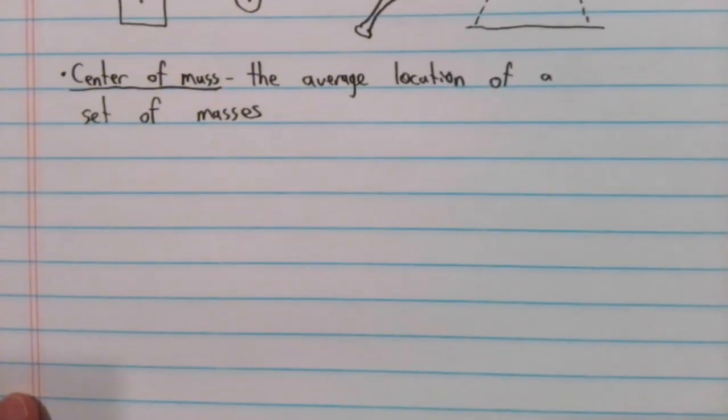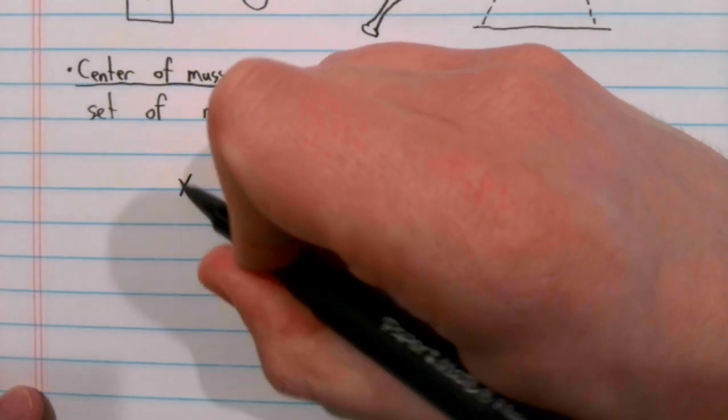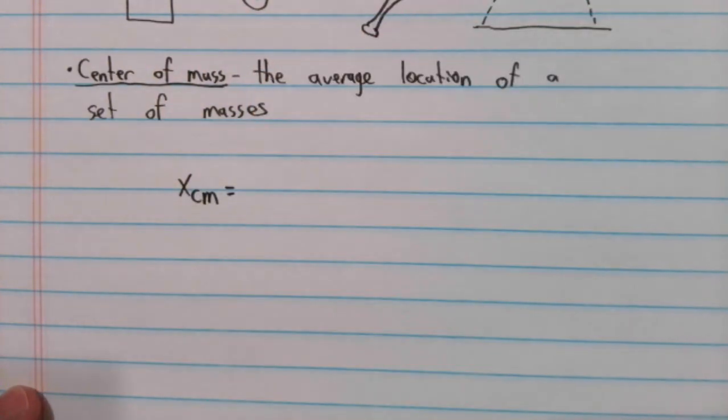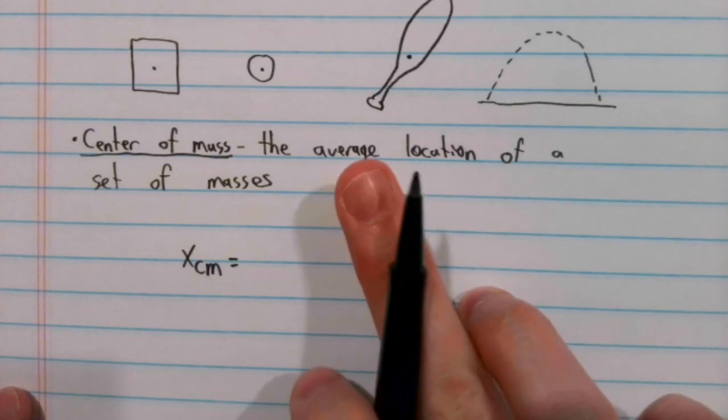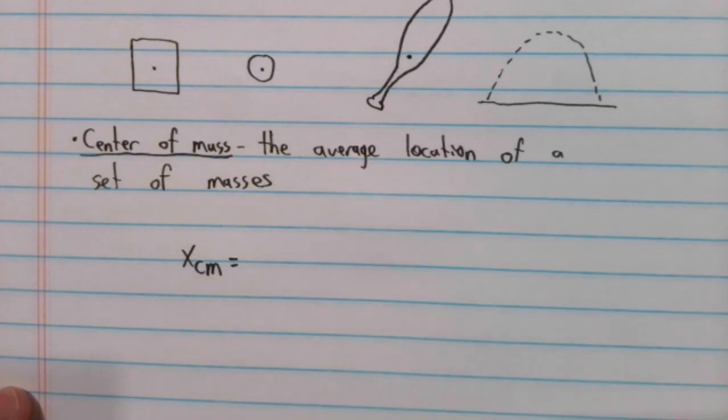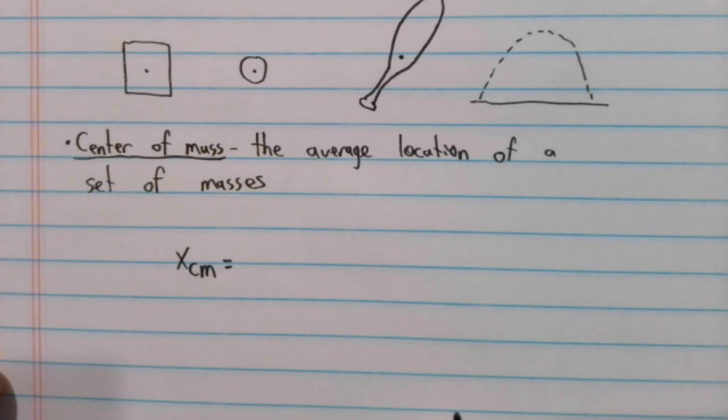The equation for this is quite fascinating to me because it looks like the way you calculate average. If you wanted to calculate your average test scores, you would add your test scores together and divide it by the total available points. To get your center of mass, you add up your positions and you divide it by the available masses.